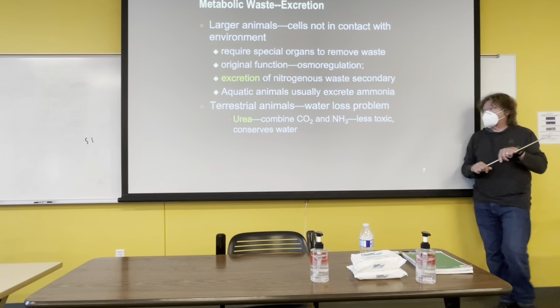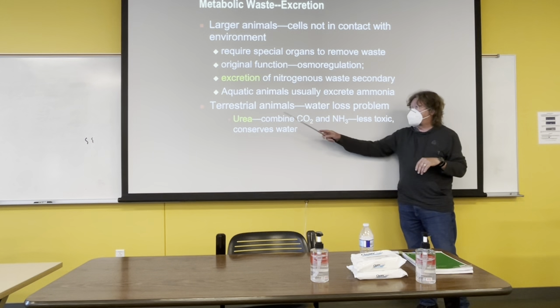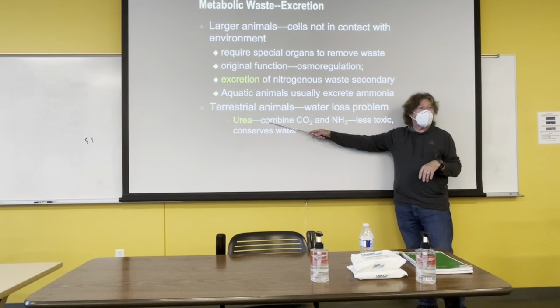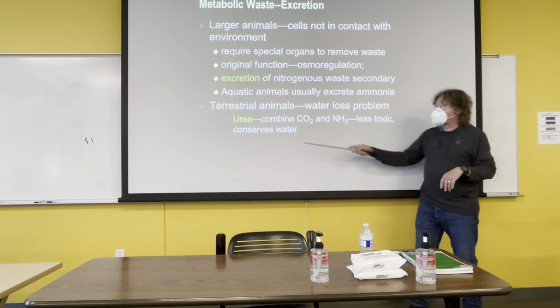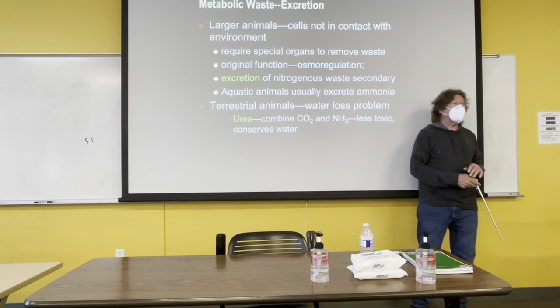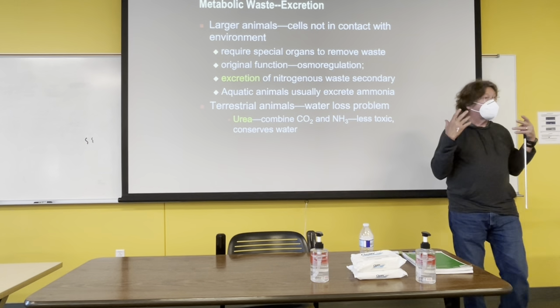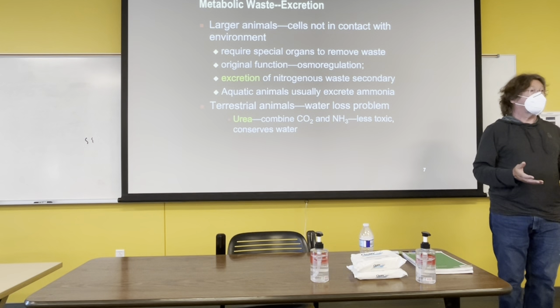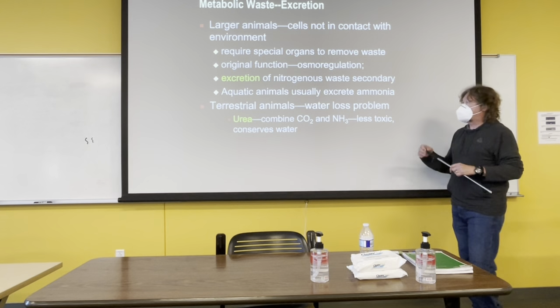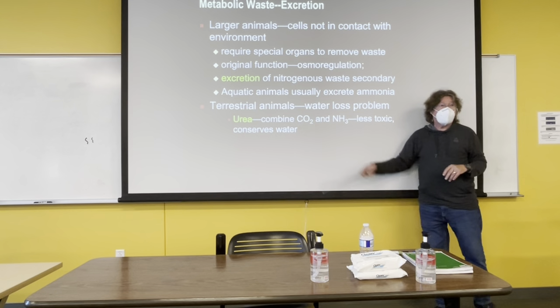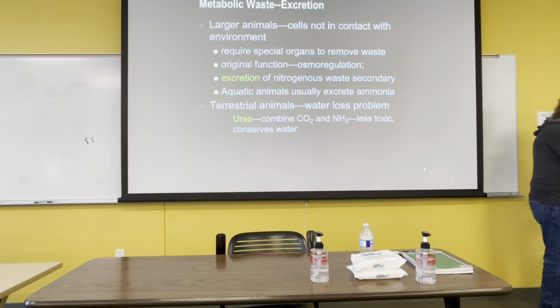So what happens is that the ammonia is combined with carbon dioxide to form urea. Urea is a lot less toxic. Now still, to excrete it requires water. Okay, you still have to lose water, but you wouldn't be losing as much water as with only ammonia.